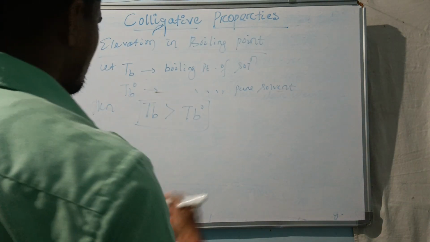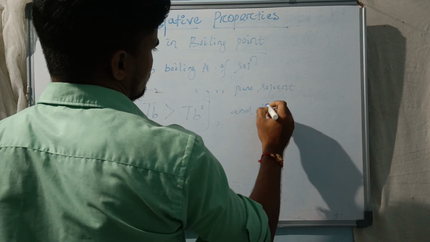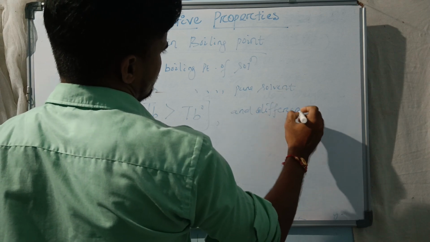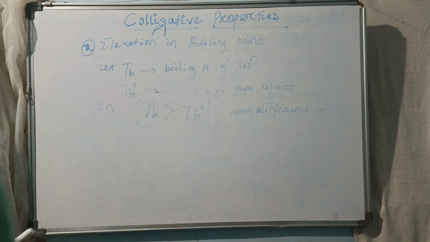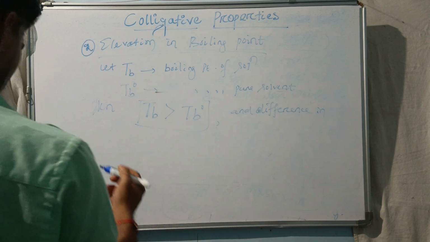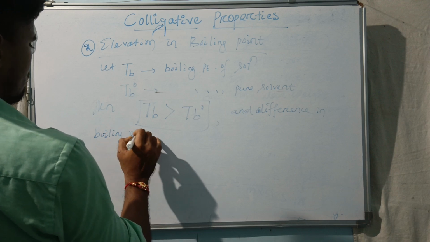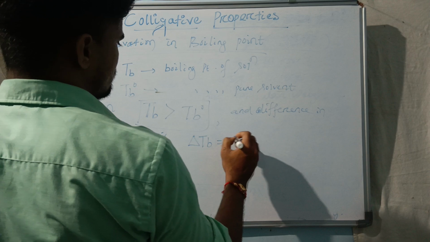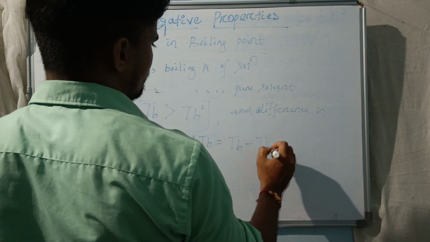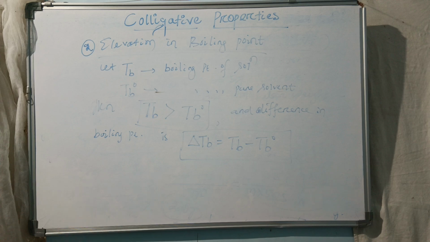And the difference in boiling point, delta TB, is equal to TB minus TB node, right? This delta TB is the elevation in boiling point. Okay.